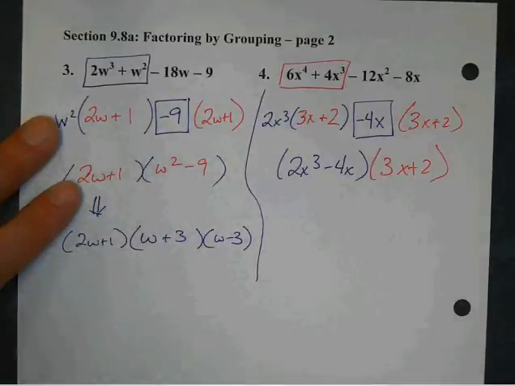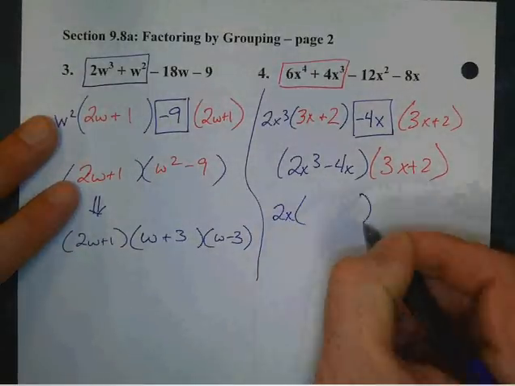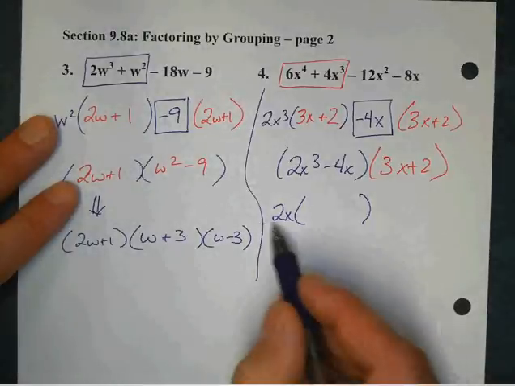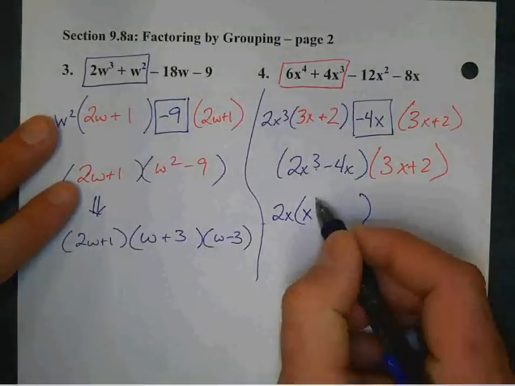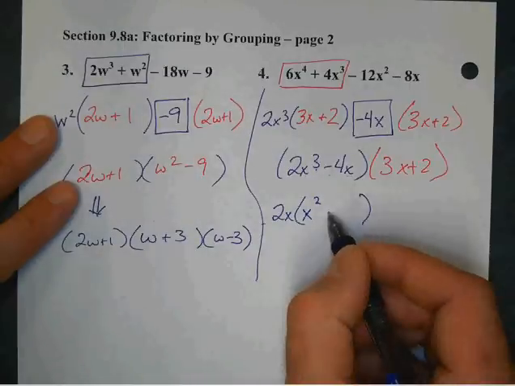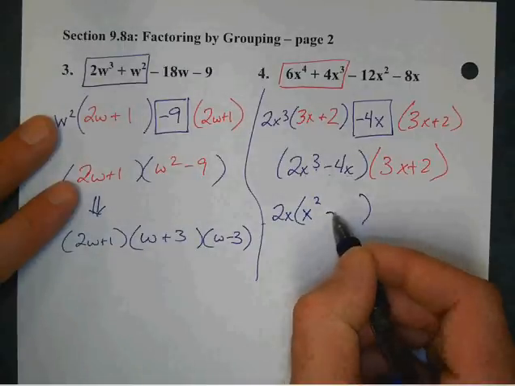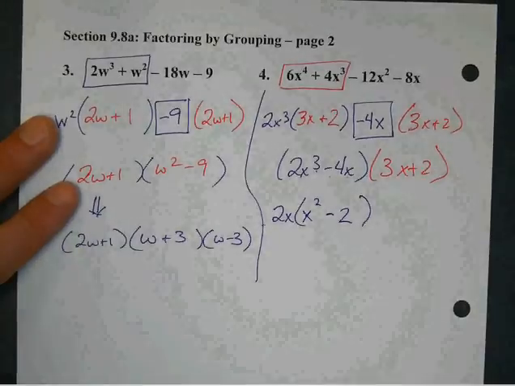A 2x comes out. So we kind of have another GCF, right? So we take a 2x out of those two. 2x times what is 2x cubed? X squared. 2x times what is negative 4x? Negative 2. Okay. And what do we do with this 3x plus 2? Just bring it down.